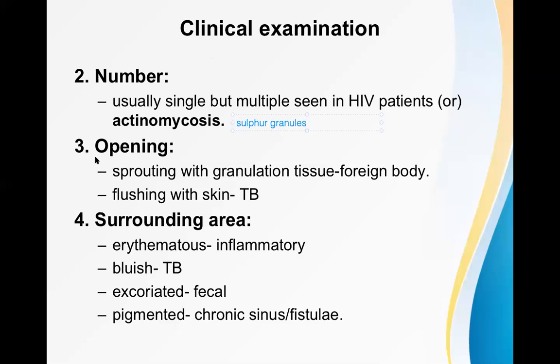Now, let's move on. Regarding the opening of the sinuses and fistula, if we inspect properly, we can get certain diagnoses there. Like in case of a foreign body, there is a sprouting opening with granulation tissue, meaning granulation tissue is growing from the outer opening of the sinus.